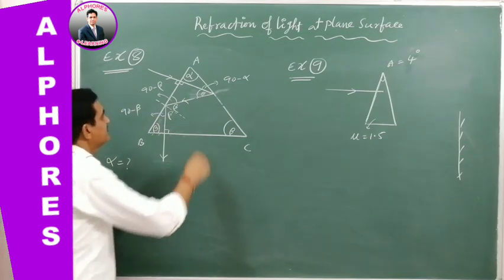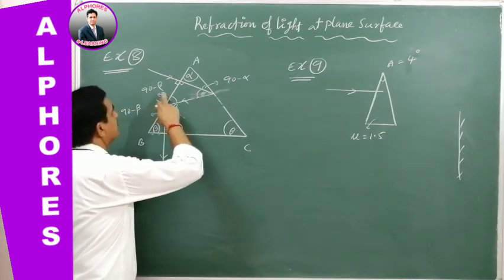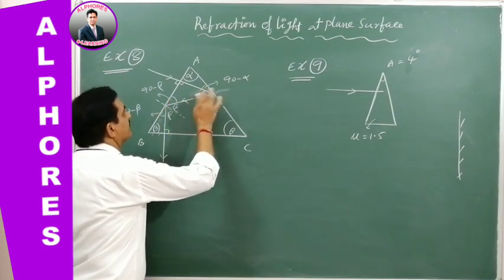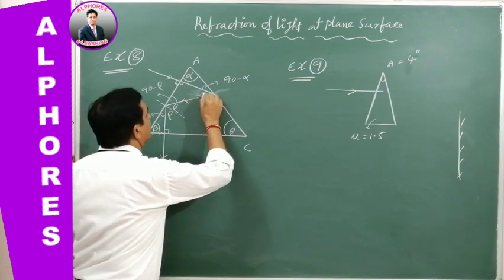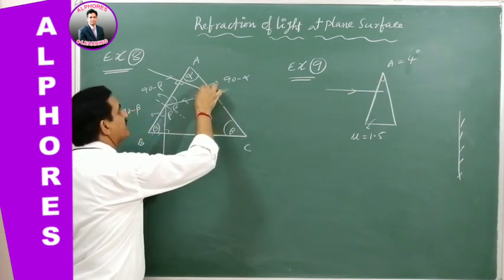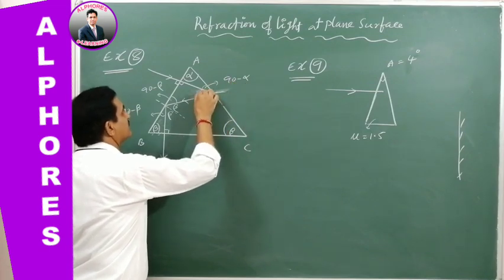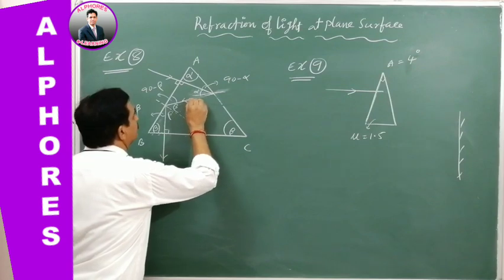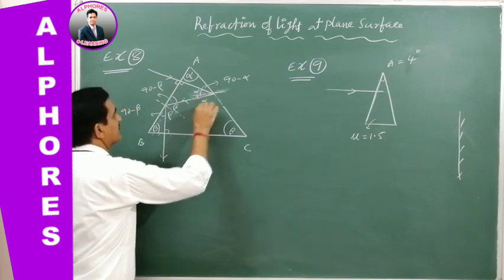Now from this angle theta, this is 90 minus beta, and here it is beta. A normal is drawn over here. When the normal is drawn, this is 90 minus alpha, this is remaining alpha, and again if it is alpha, reflection takes place, this angle is also alpha.